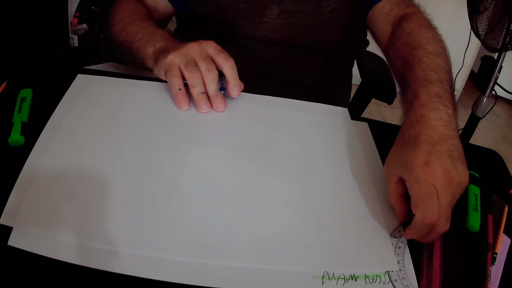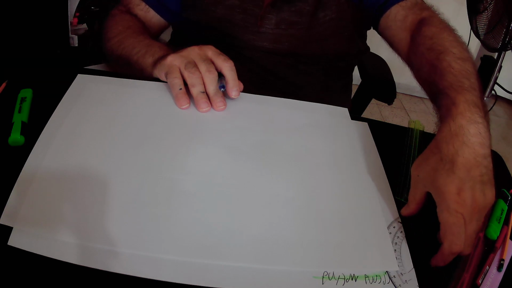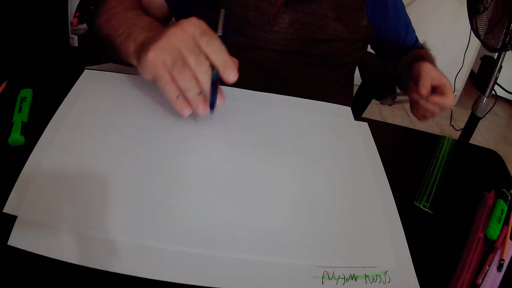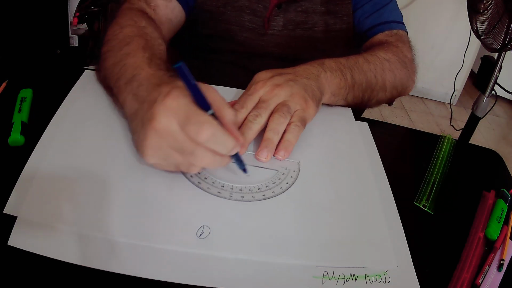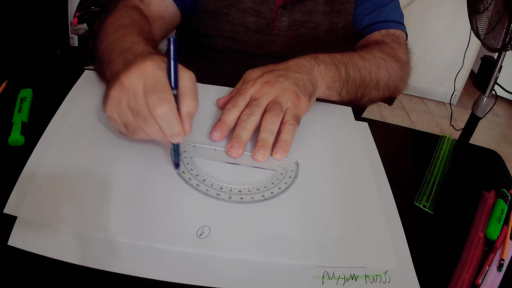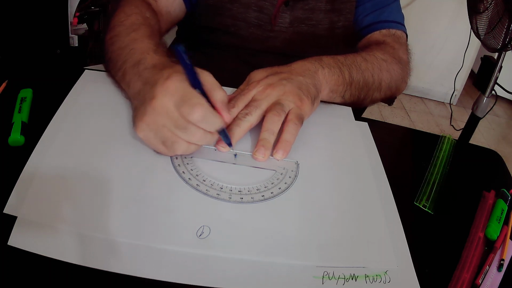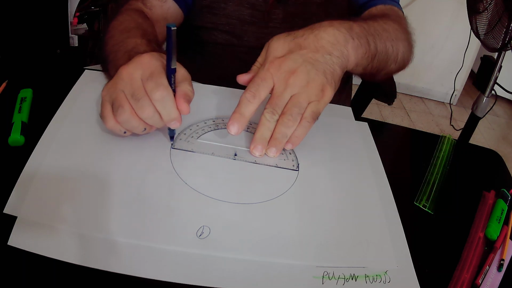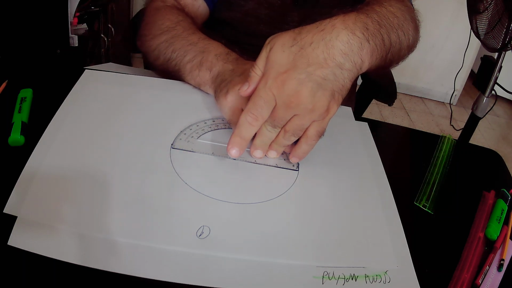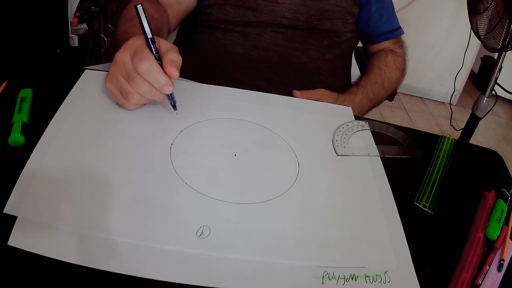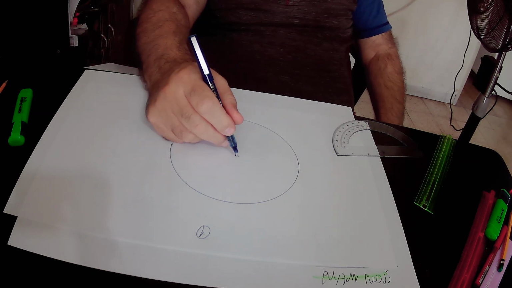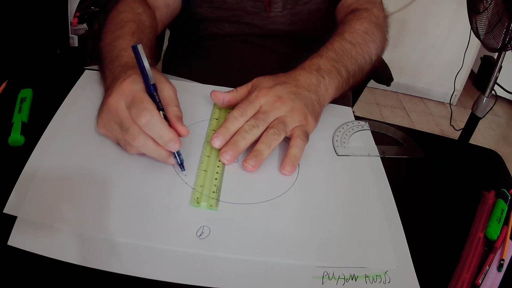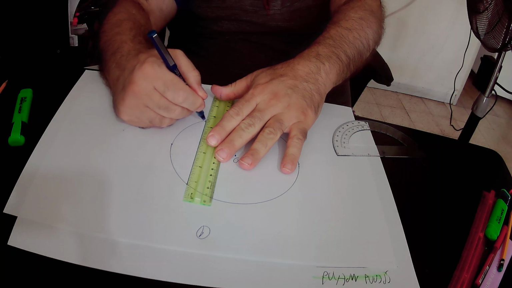Okay, so if we have a circle, that could be any circle, and the center of this circle is at point O. And we have a chord BC, which could be any chord.